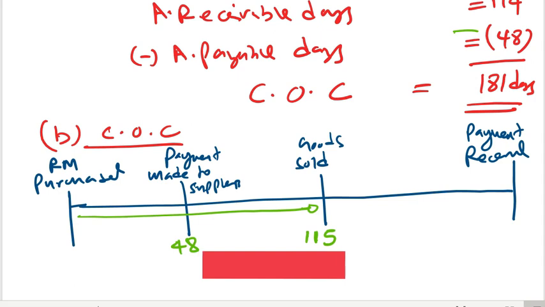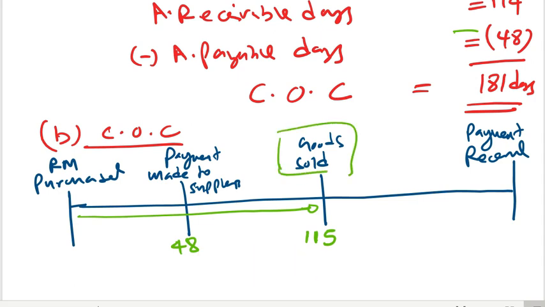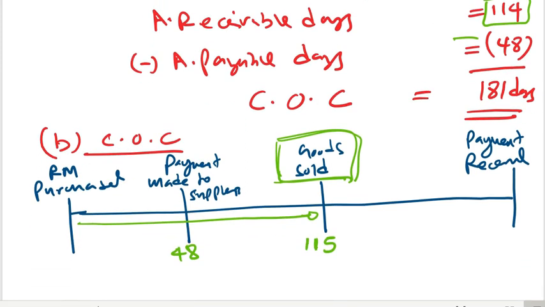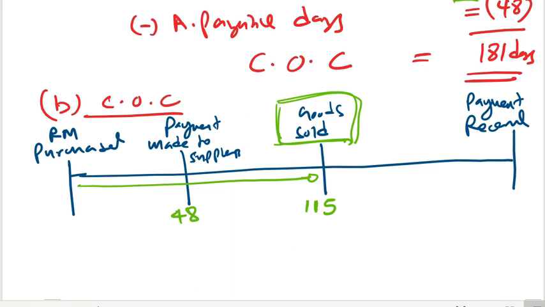Then after selling goods, within how many days you collect the money? So you collect the money after 114 days of selling the stocks. So which means 115 plus 114, so that will be after 229 days only you collect the money.